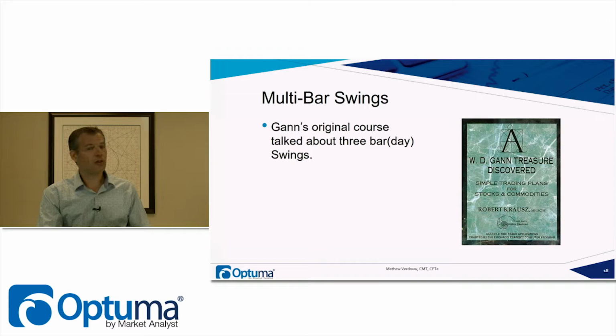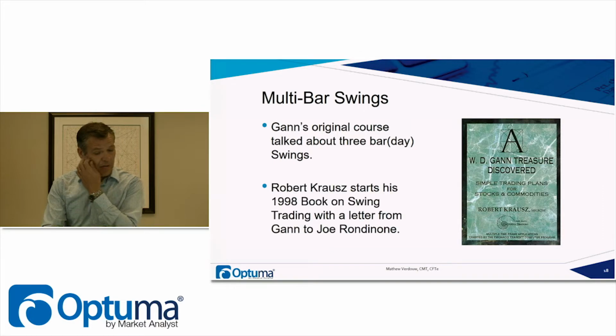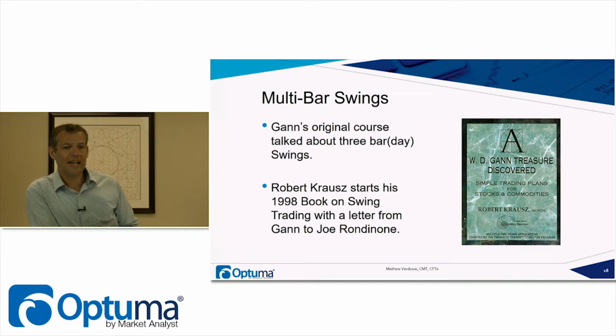In Gann's original course, he talked a lot about 3-bar swings, and if you read some of his original writings, he talks a lot about 3-bar swings, and that's what he would use. But what's very interesting is Robert Krauss. This is a book that he wrote in 1998 on swing trading. If you're really interested in swing trading, this is actually a really good book to read, with a lot of different setups and things like that.